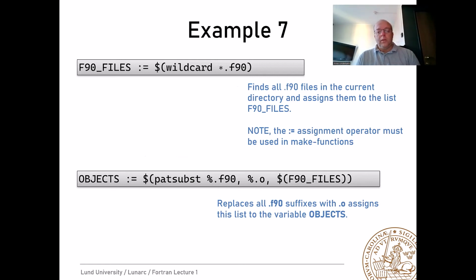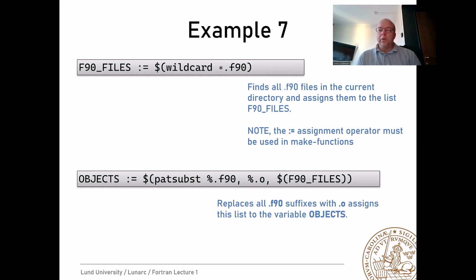If we have all our F90 files, we can also create a list of all object files, and then we can use this pattern substitution function. So here we say all the .f90 files should be renamed to .o. And the input for that function is the F90FILES list.